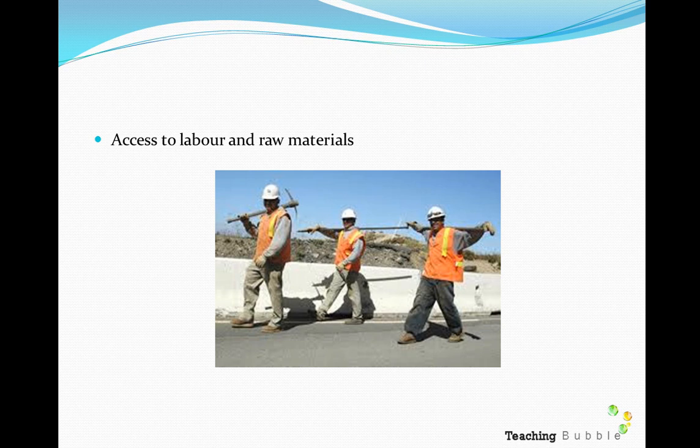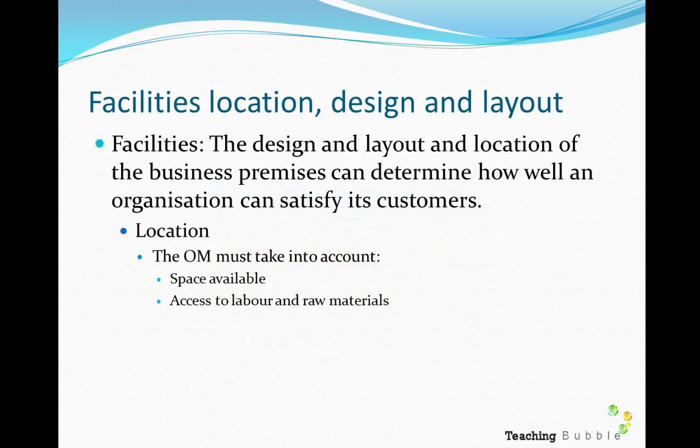That's where, essentially, there's a new town set up, and new houses are built and the prices boom because there's an organisation that decides to mine, and therefore people need to live there. So there's ways of getting around it if there is no access to labour or raw materials, but essentially that's something that an organisation needs to take into account. So that's our second point.